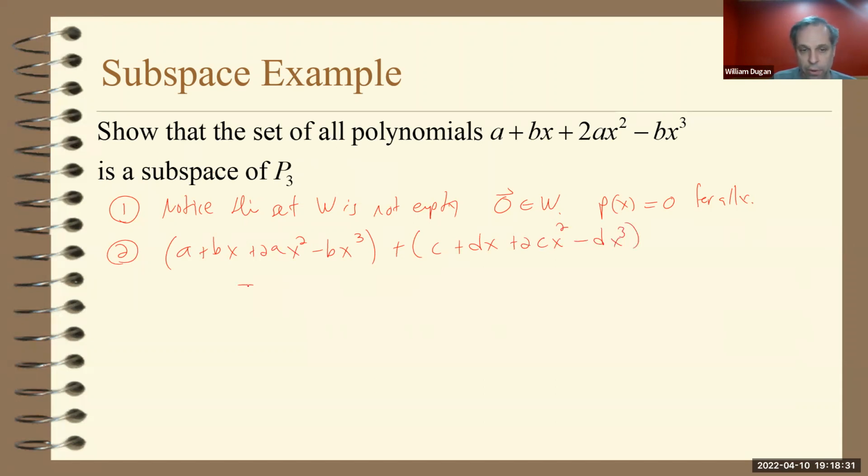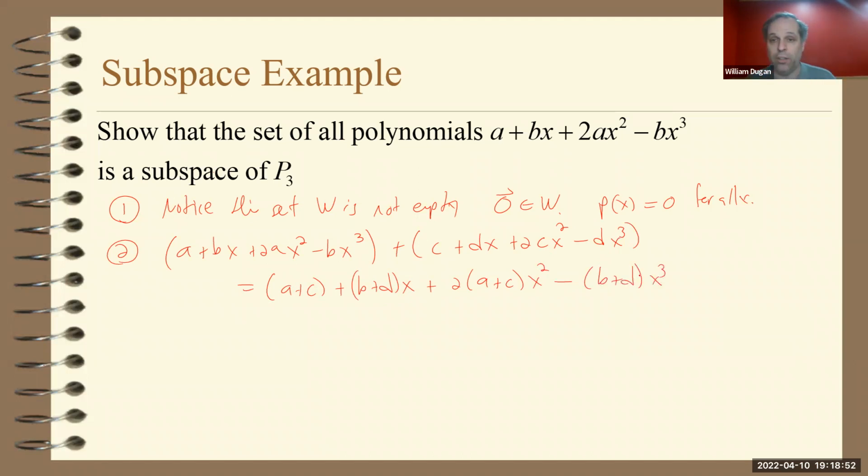When you add those together, you get A plus C plus B plus D times x, plus 2 times A plus C times x squared, minus B plus D times x cubed.